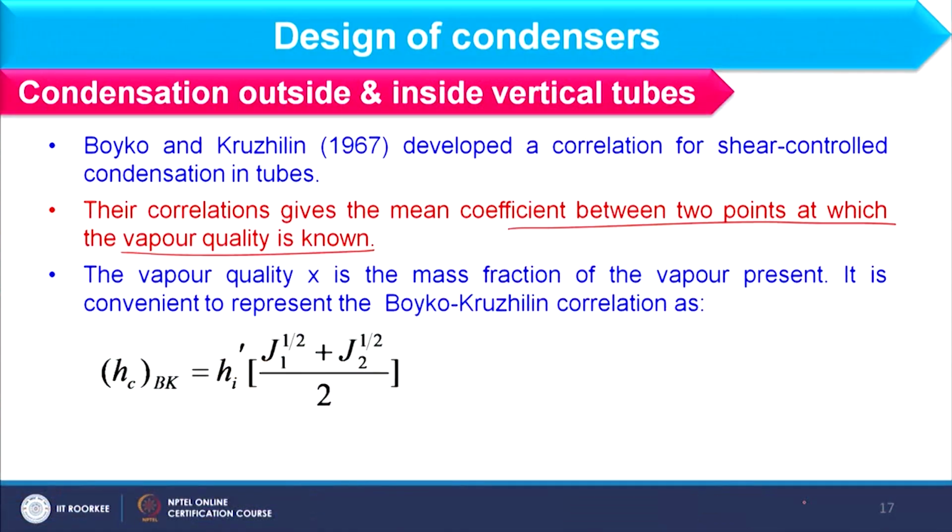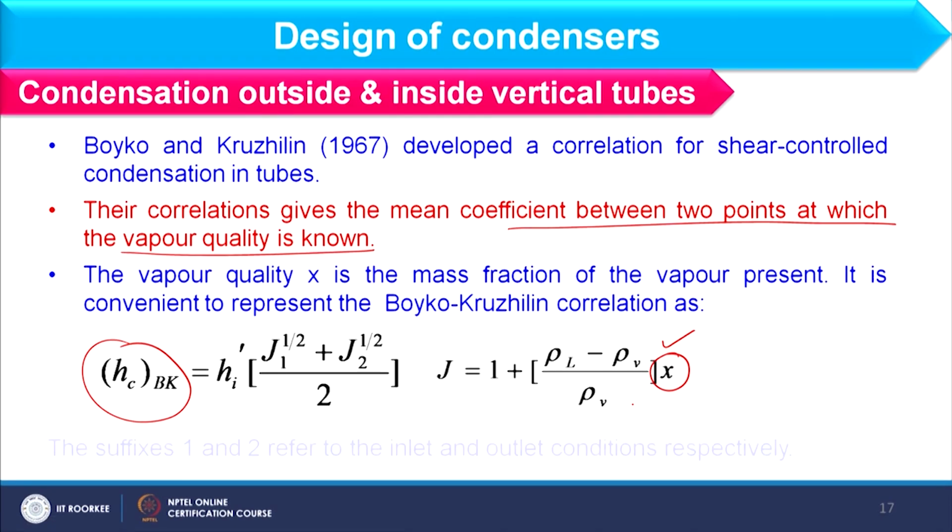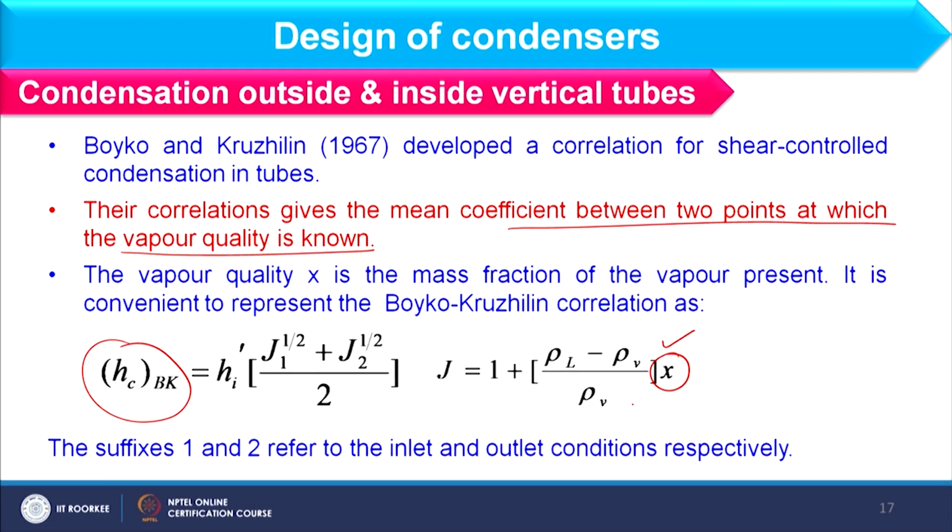So, we have the Boyko-Kruzhilin correlation like this, where HCBK is shown as Hi dash times J1 and J2 by 2, okay. J we can consider by this, which will depend on the vapor quality. So, J1 and J2 are basically at the inlet and outlet of the condenser, okay. Now, what is Hi dash?